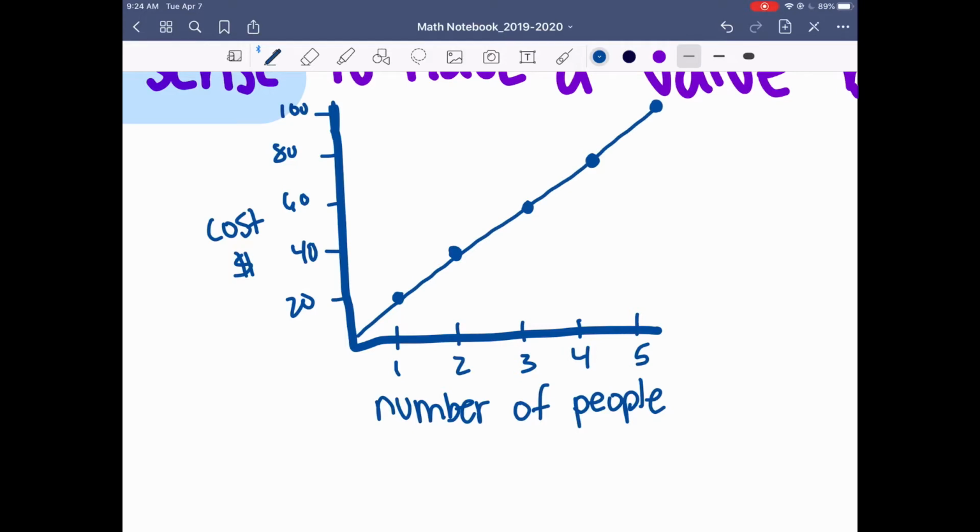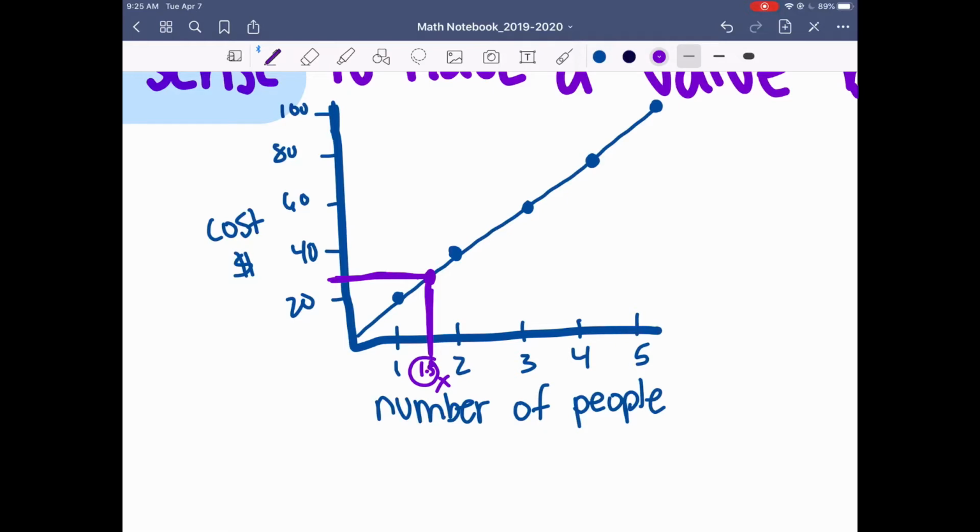Does it make sense in this case to interpolate? Can I say, okay, at this point, how much money would it cost? Well, it makes sense on the cost end, but it doesn't make sense on the x-axis, because 1.5 people doesn't exist. You can't have 1.5 people.